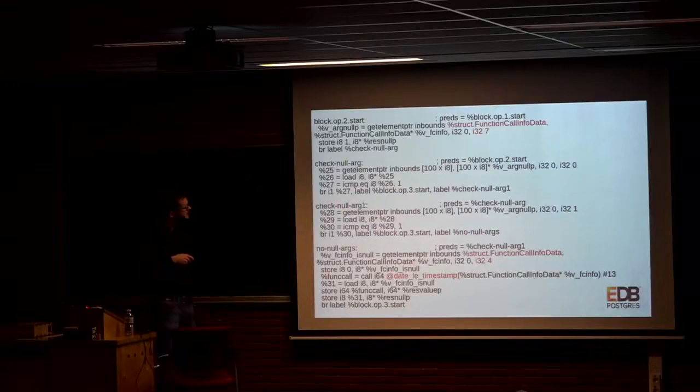But you can see that to do that, we needed to access this function call info data struct, and we needed to access individual elements in that. And that means that the IR needs to be able to interact with structs that we have defined on the C side, because we need to be able to say, hey, at this part of the struct is this element, which means that LLVM needs to know about the types that we have in Postgres to be able to interpret the code.